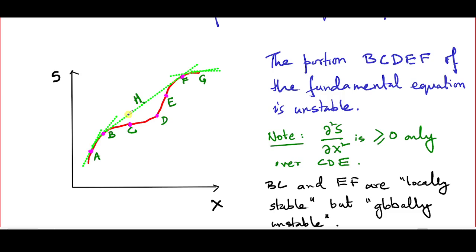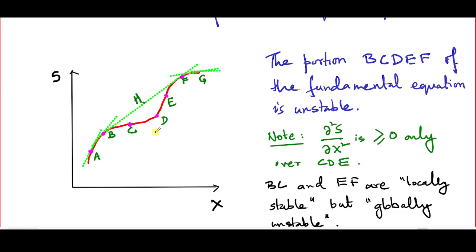The entropy will actually decrease, so you will have no reason for the system to develop a spontaneous inhomogeneity in X. However, that is true only when you are talking of small changes which stay within this region. For large changes in X, even this part BC and the part EF are unstable. So these are locally stable but globally unstable regions of the fundamental equation.